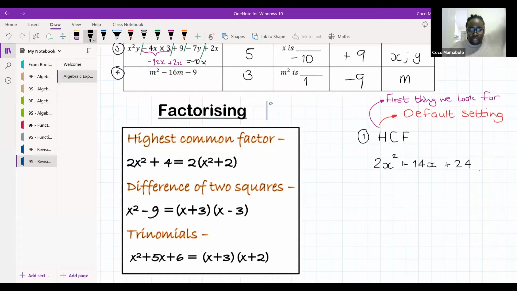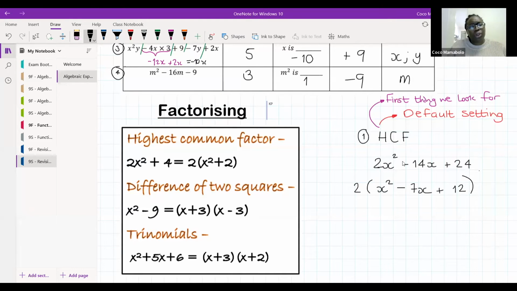They were all like, ma'am, we can't factorize this. But if you look at it closely, I can take out a highest common factor. What is my highest common factor here? Good. My highest common factor is 2. And as soon as I take 2 out, I've got x squared minus 7x plus 12.